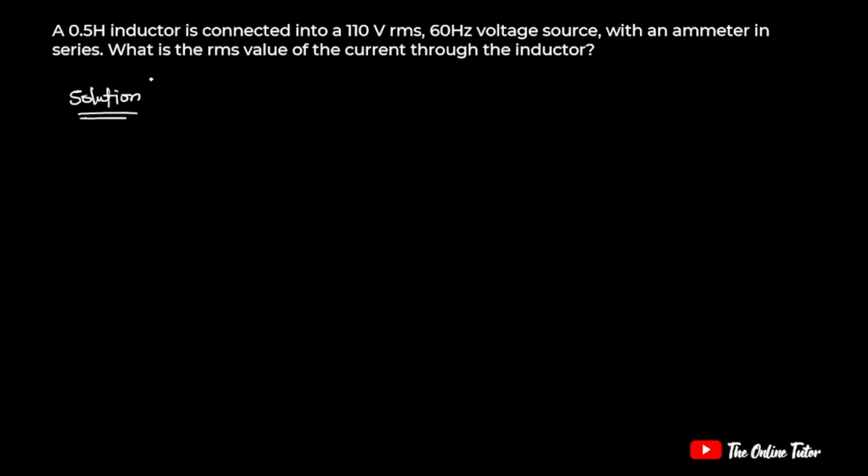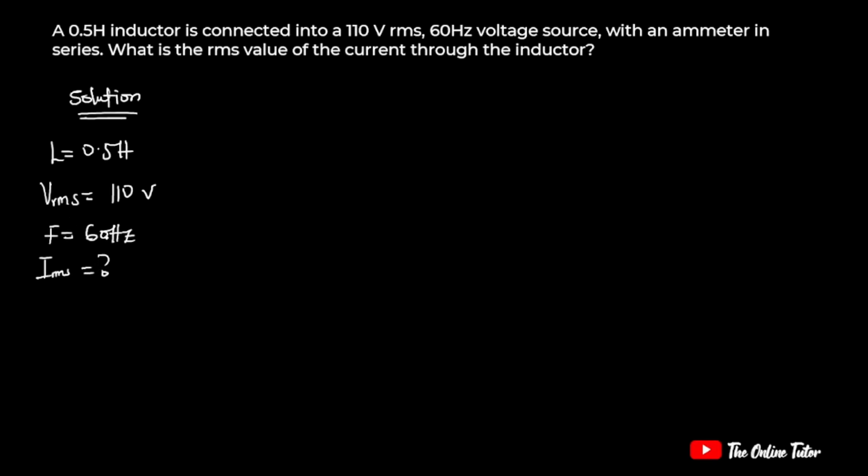The inductance of the inductor is 0.5 Henry. Our root mean square voltage has been given to be 110 volts. We've been given the frequency to be 60 Hz, and we've been asked to find the root mean square current through this inductive circuit.